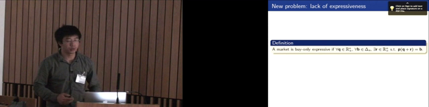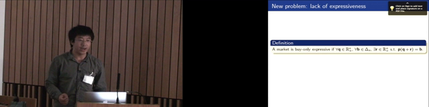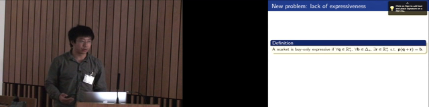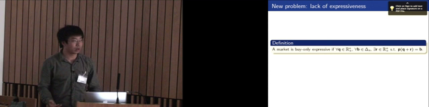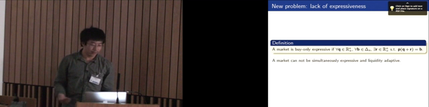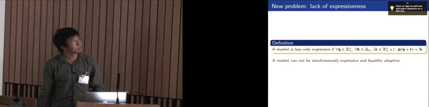This is very important because the prediction market is specifically created for the purpose of making predictions, and it's very important for the market maker to have the ability to interpret the market price as a trader's belief. However, we prove that a market cannot be simultaneously expressive and liquidity adaptive.